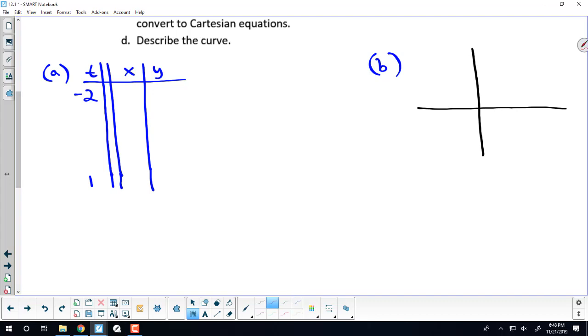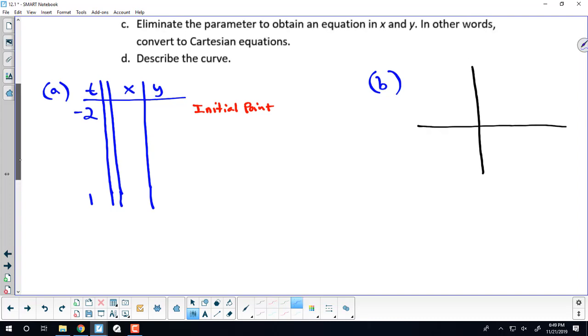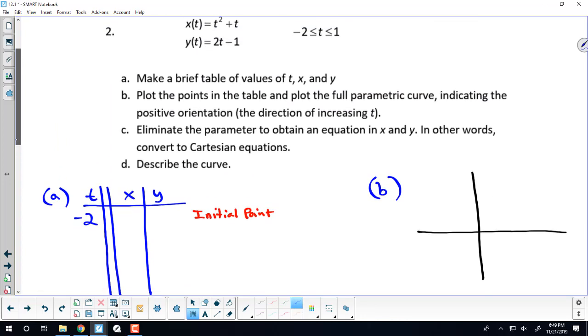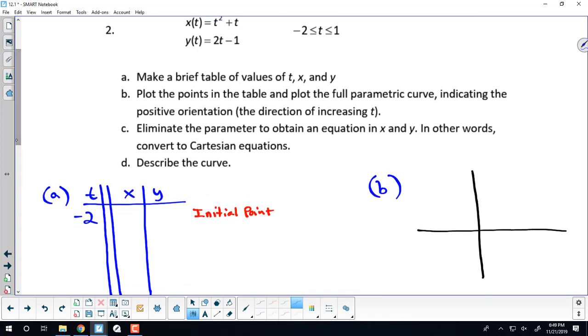And since t starts out at -2, whatever we get here, this is our initial point for t equals -2. So we have the x-coordinate is -2 squared plus -2, and y is 2t minus 1.